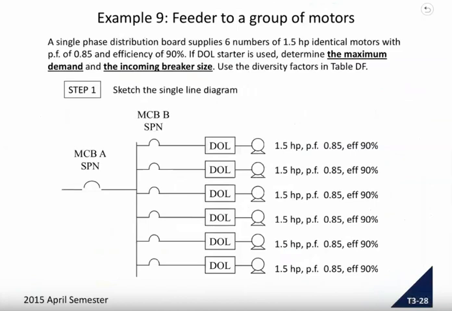So we have this example, example 9. We have a group of motors and all of them are identical. Okay, so the keyword here, identical.